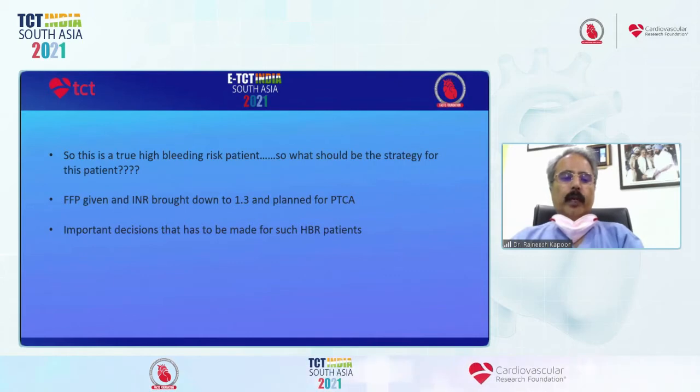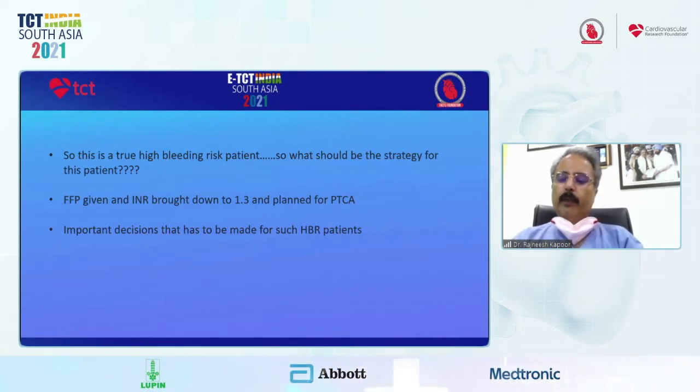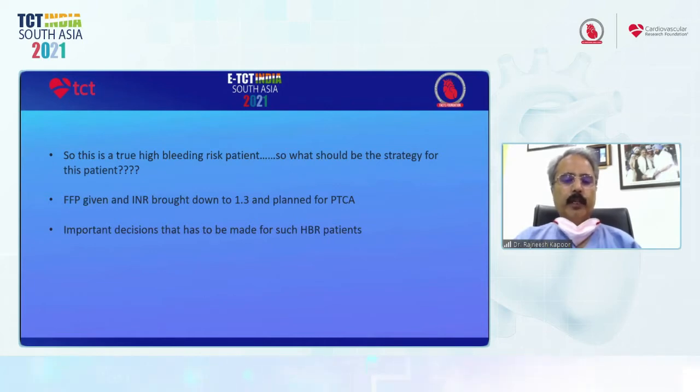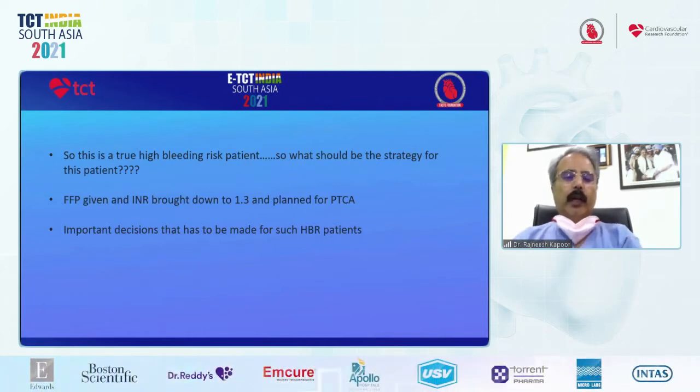But as far as this patient was concerned, as the INR was deranged, we got the INR corrected by transfusions and then planned the patient for PCI. Surgery was out, as the patient is a liver cirrhosis patient with deranged bleeding parameters.